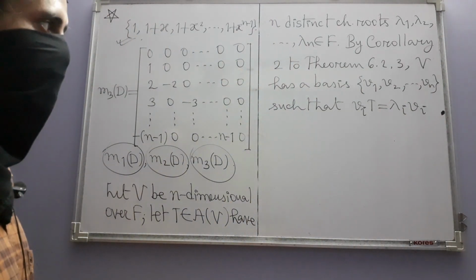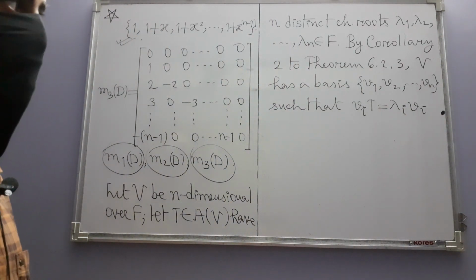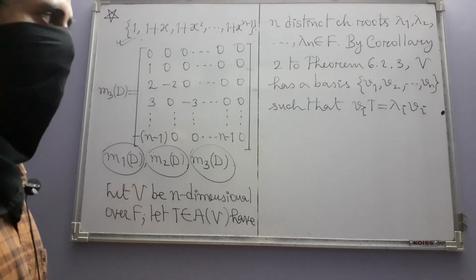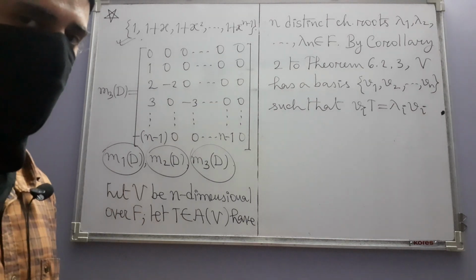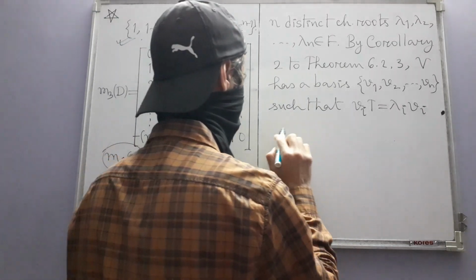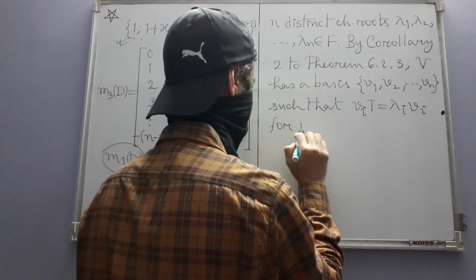That is, Vi is a characteristic vector of T belonging to the characteristic root lambda i for all the i's.